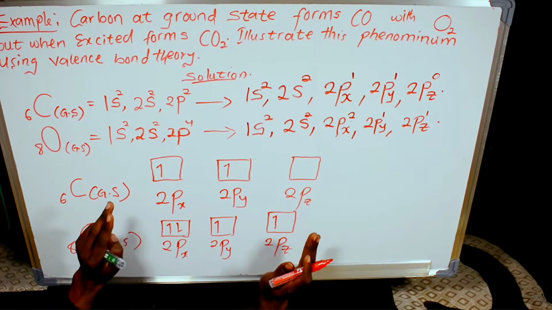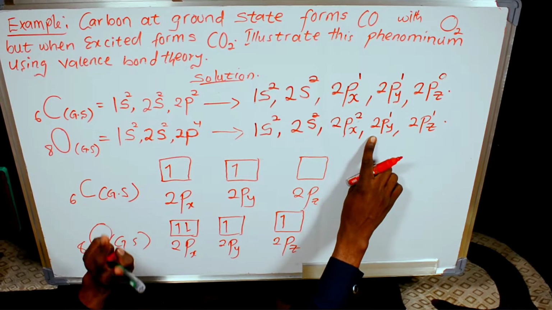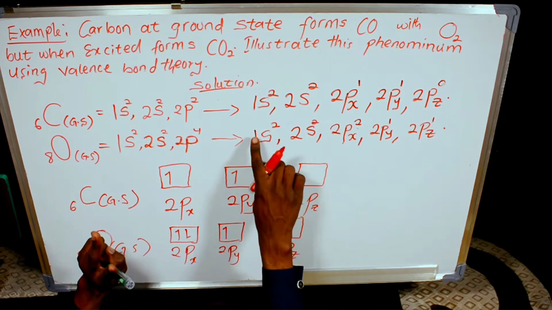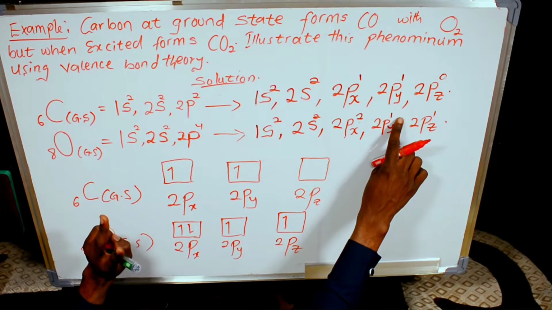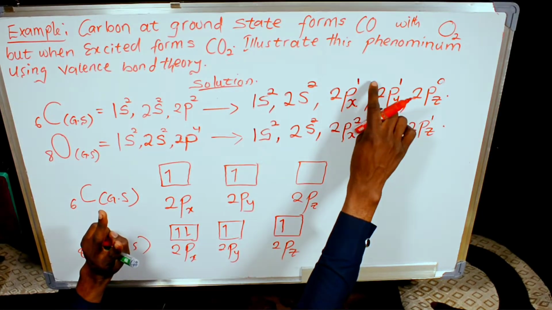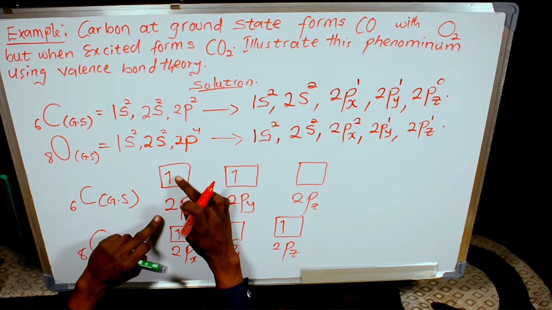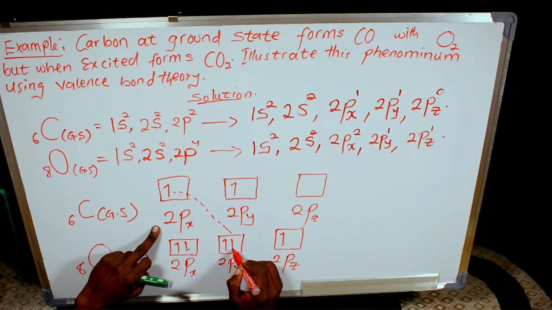In our previous video, we learned that any orbital takes a maximum of 2 electrons. So now we can see these orbitals have only 1 electron each, 1, 1, and 1. That means they each need 1 electron. So this electron will pair into this box.